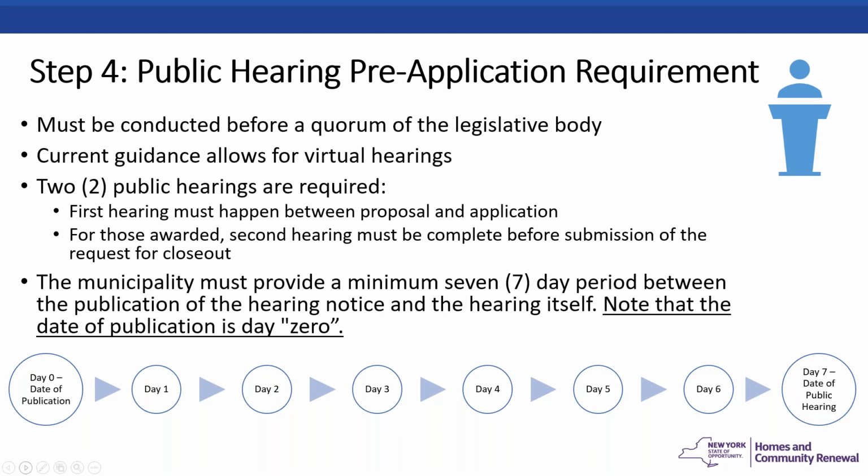The requirements for the public hearing are quite prescriptive, so we recommend looking at that one-page guidance document. But you can see on the slide through the graphic, real important pieces here. The municipality has to provide a minimum of 7 days between the publication of the hearing notice and the hearing itself, with the date of publication as day 0.